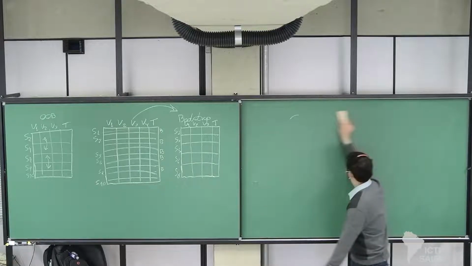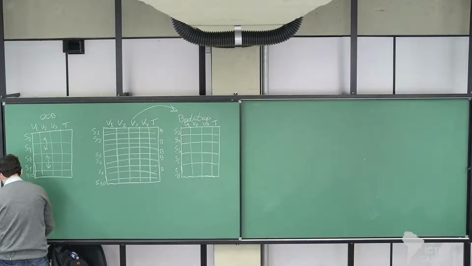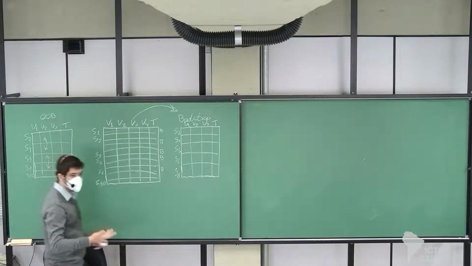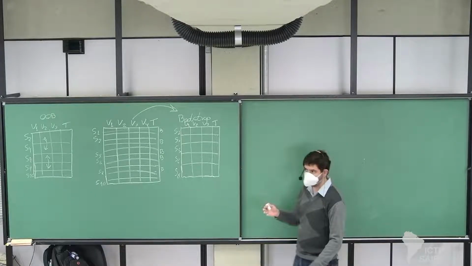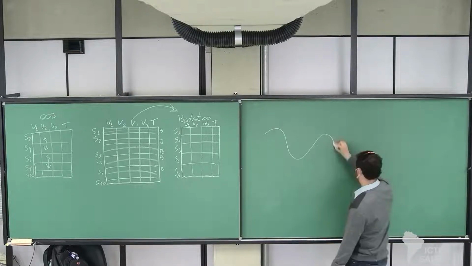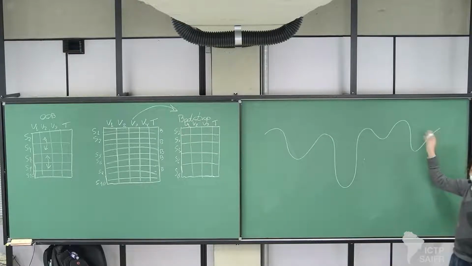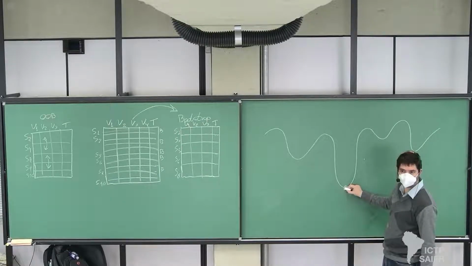So the objective of the perceptron is to minimize an error function, for example the mean square error. Suppose that the surface of my error function is like this. I'm pretty sure you have seen this before. The objective is to find the global minimum.